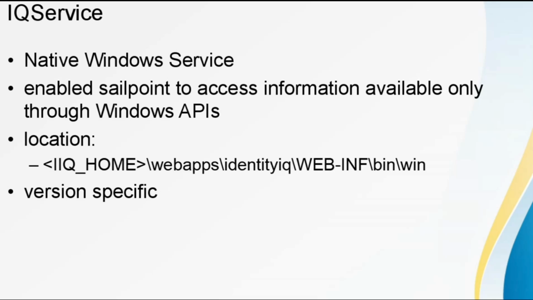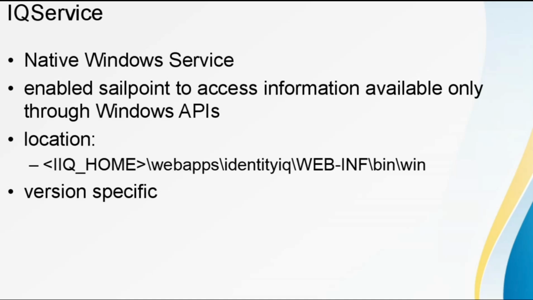For security purposes, Windows ensures that only using Windows API some information can be fetched or some values can be modified. To achieve this, SailPoint has given one agent, IQ Service, which has to be installed either remotely or on the host machine itself to perform some actions.